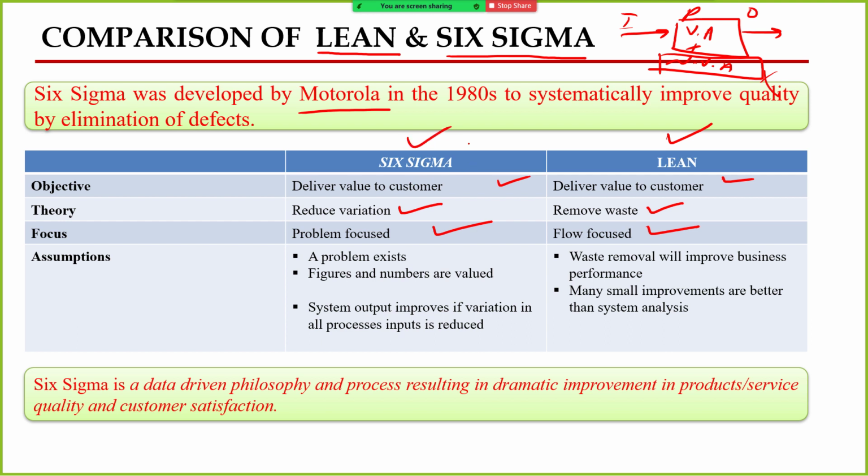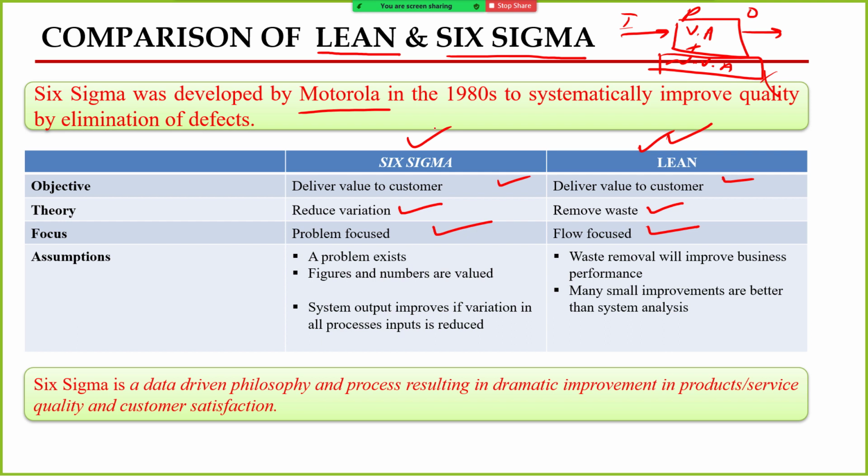What this means is, if you want to improve a day-to-day process, or a small-step process, go for Lean. For Lean, most of what we need is common sense, because most of the tools in Lean are common sense based tools, whereas Six Sigma is a heavily data driven methodology.